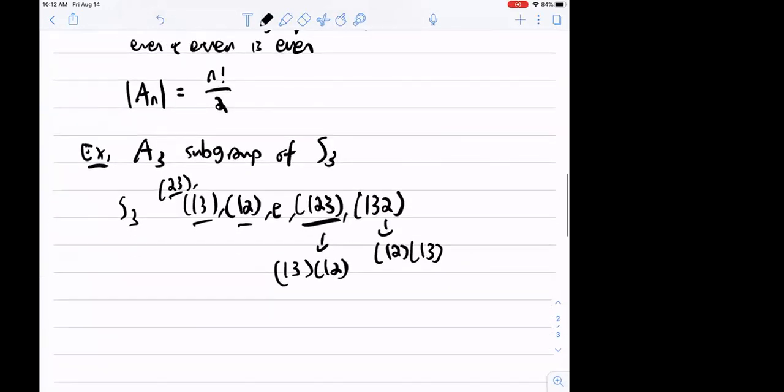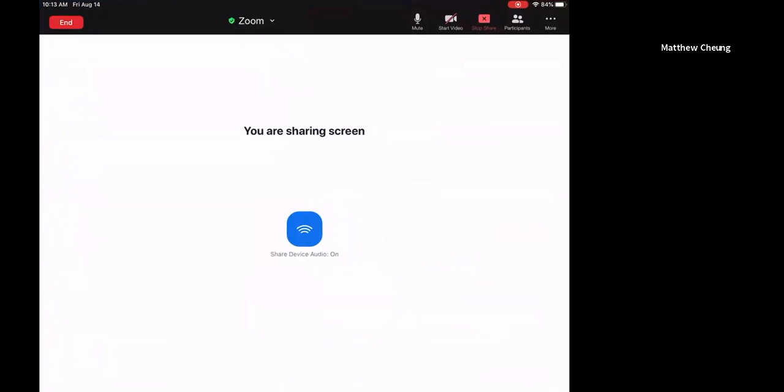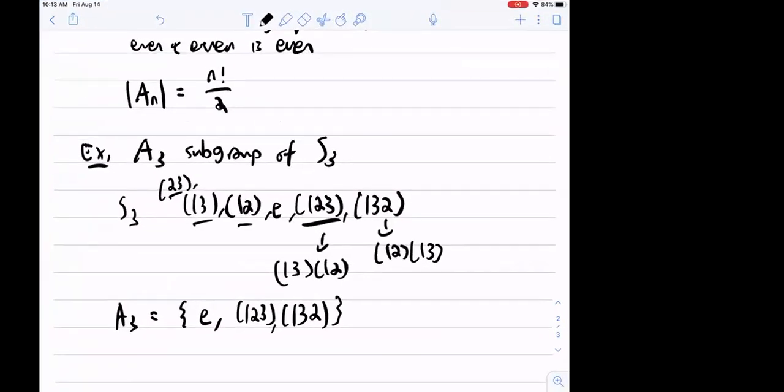So this is even. So you see that A3 is the set E, (1 2 3), (1 3 2). Everyone good so far? Yeah, it's all good.